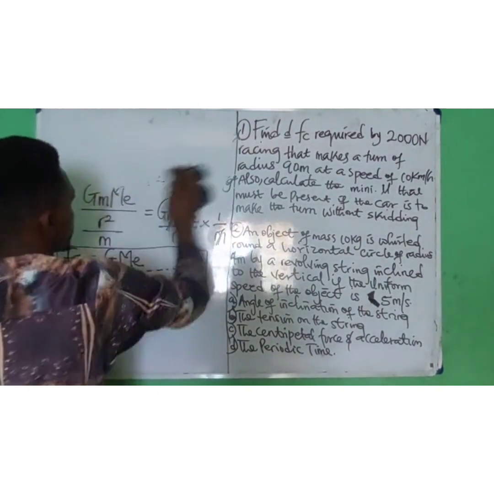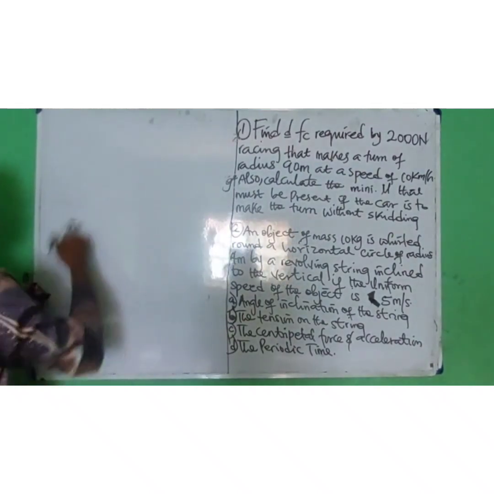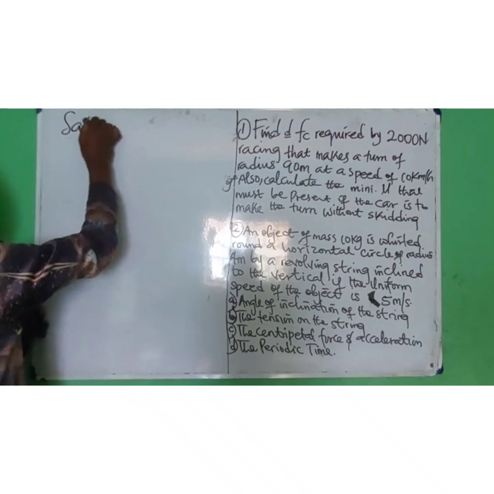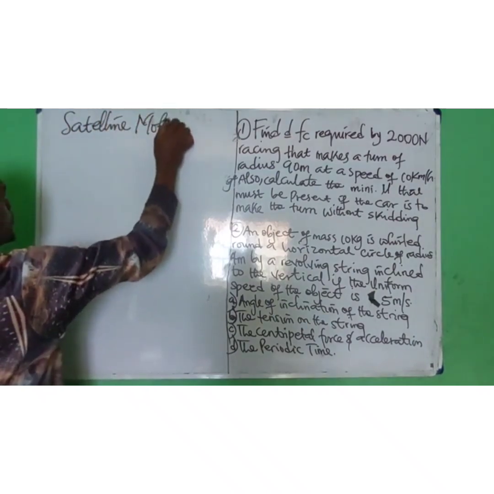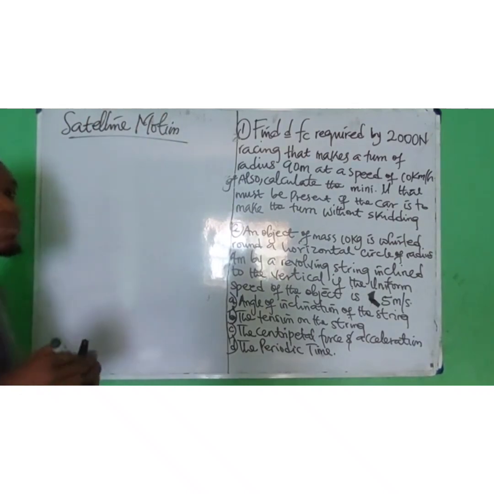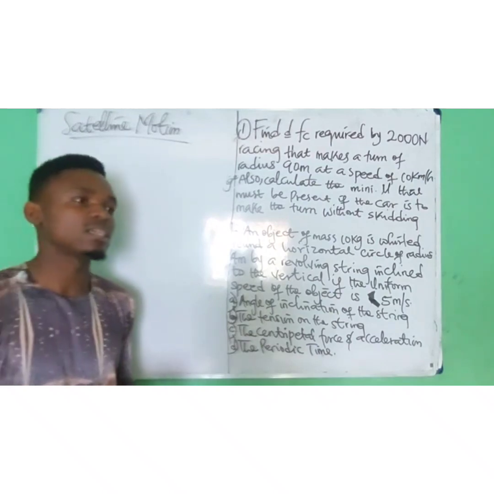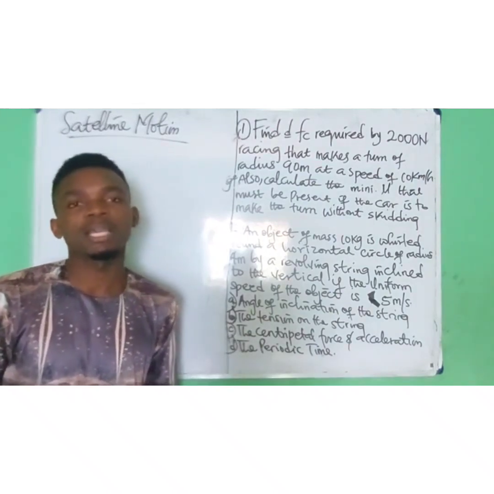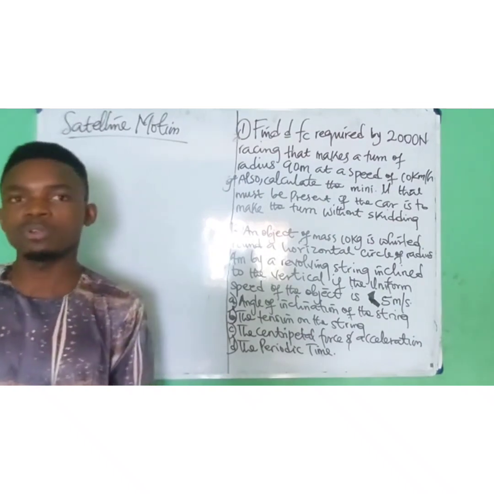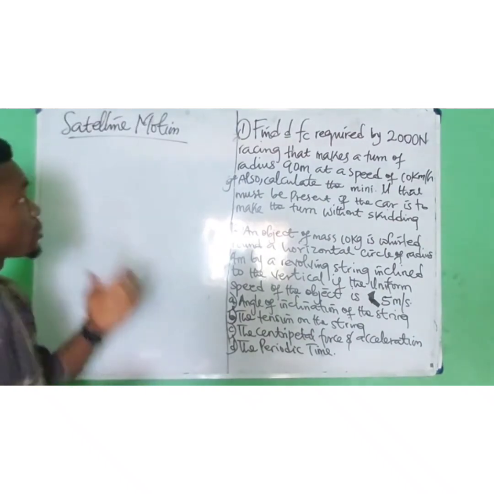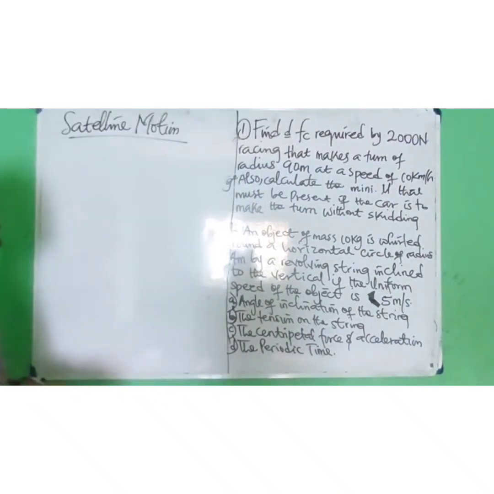Satellite motion. What do you understand by the term satellite? A satellite is a man-made apparatus or equipment that is concerned with communication and data.